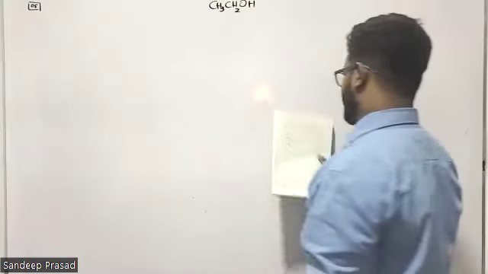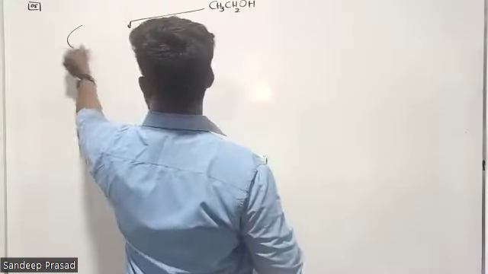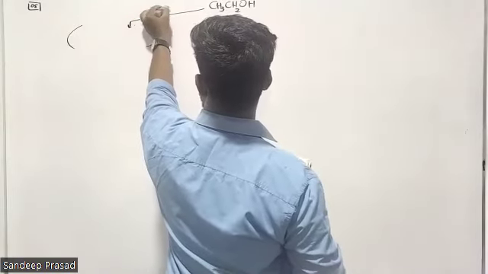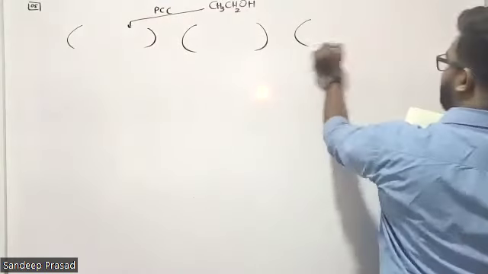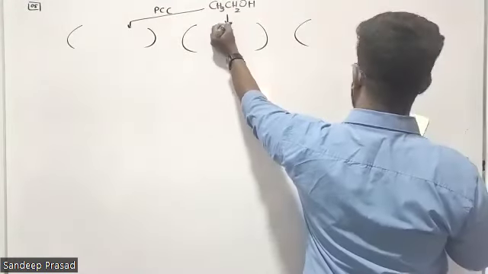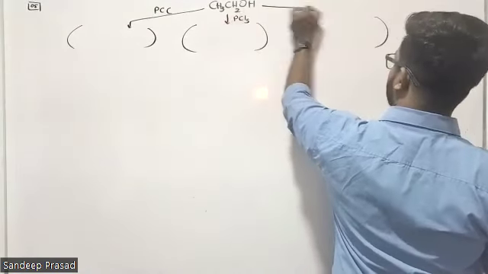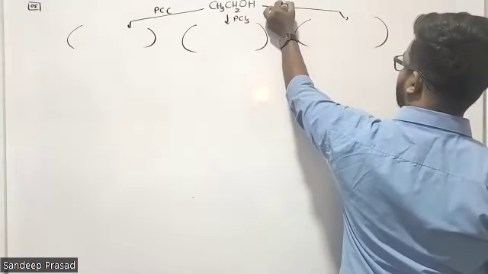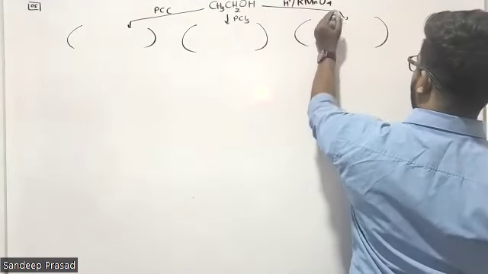So here we have a flow chart. PCC. PCl5. Acidic KMnO4 is added.